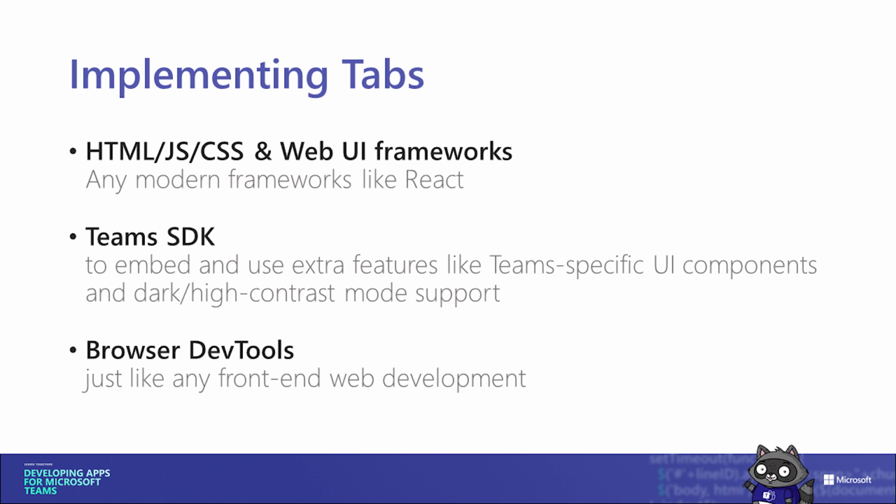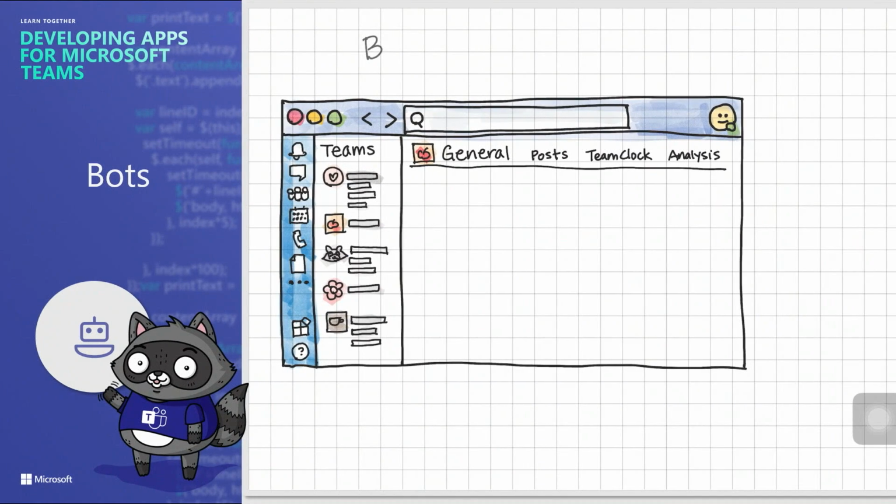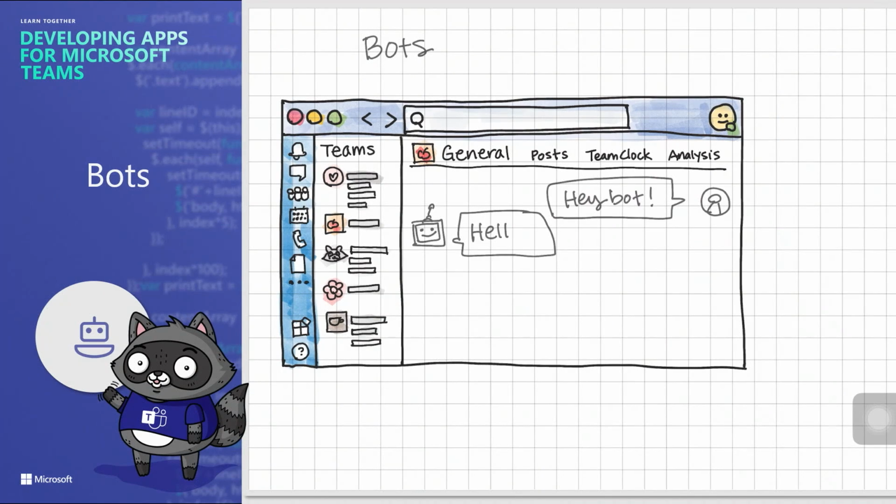That's right. Another capability I want to show here is bots. So bots can have a conversational interface between a user and a bot. Let's say a user says something like, hey, bot. And the bot replies, maybe greets back and says hello. Hey.